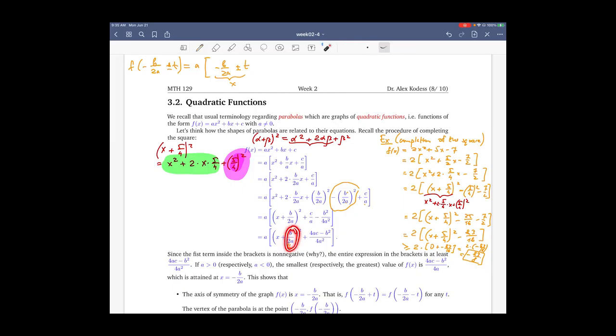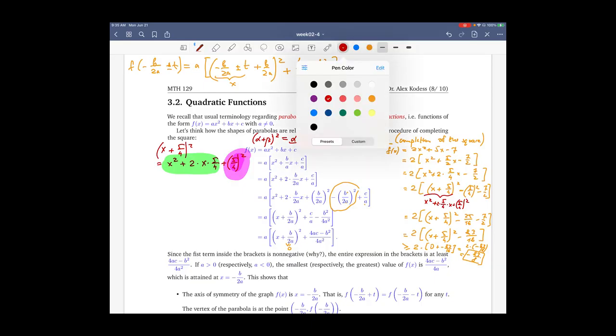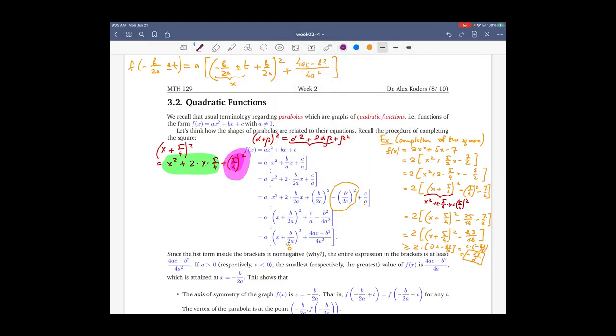Now plus b over 2a, squared, plus (4ac minus b squared) over 4a squared. Naturally, you can see that b over 2a and negative b over 2a cancel out. And we are left with a times the brackets plus minus t squared plus (4ac minus b squared) over 4a squared.